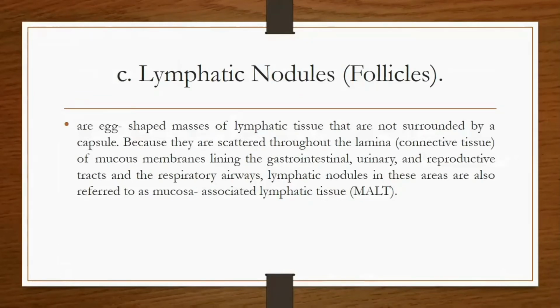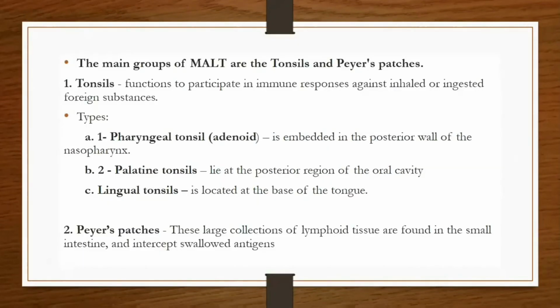Lymphatic nodules in this area are also referred to as mucosa-associated lymphatic tissue, or MALT. The main groups of MALT are the tonsils and Peyer's patches.